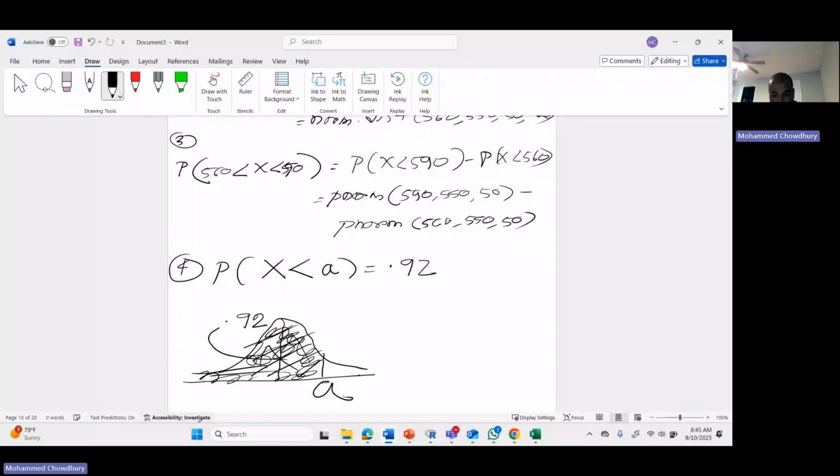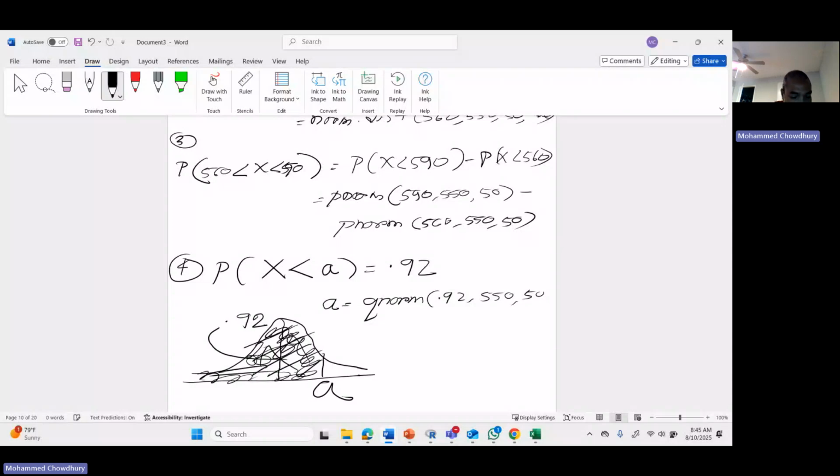We have to find A. The easiest and shortest procedure is to write A, then qnorm in R: qnorm, and then you put 0.92, then 550, and then 50. You will get the result.